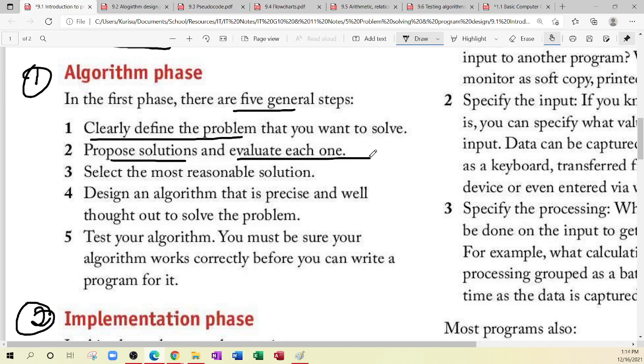So whatever solution you propose, look at the advantages of each one of them, look at the disadvantages of each one of them, and then you choose, number three, the most reasonable solution. Which is more reasonable?